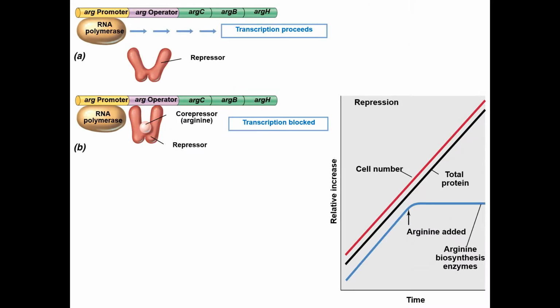Now, you have other biochemical pathways that are actually repressed, repression pathways. In this case, you're looking at something like an anabolic process, like the synthesis of an amino acid, arginine for instance.